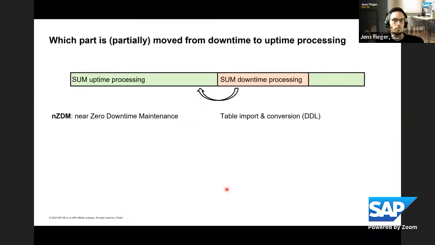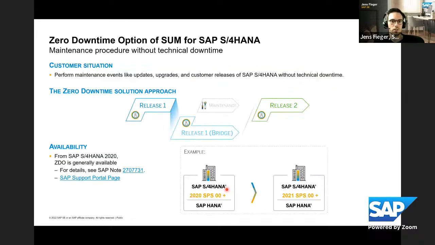If we just jump to the next slide, you have a very similar screen here. It basically also moves boxes from downtime to uptime, and that typically happens now for all approaches. The thing is, zero downtime now means we really have to take care that all tables that are changed during the upgrade are handled in uptime.